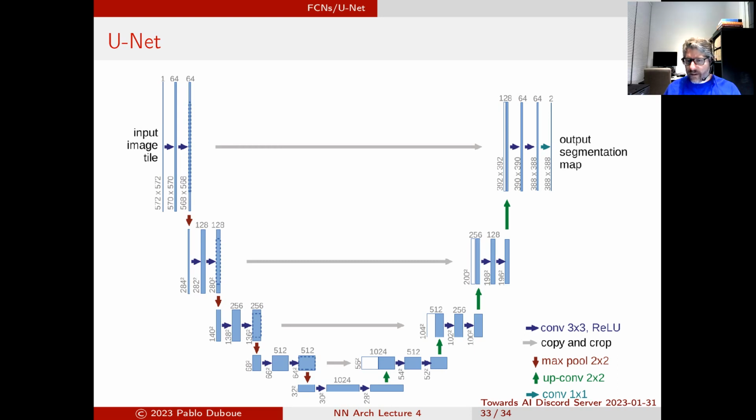In this case, it's a convolutional 3x3. Then we do a max pooling 2x2, and we are getting deeper and deeper features, and then we start doing upsampling with the convolution, and we obtain an image of the same size as the input, well, almost the same size as the input, as the output.